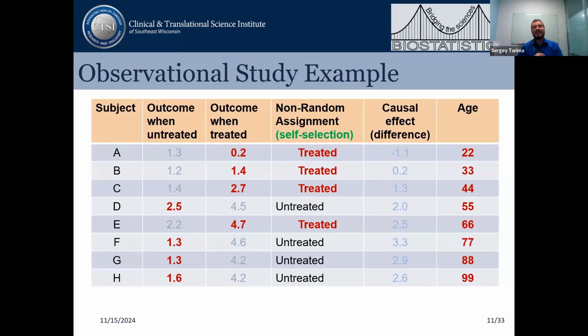That's why in the end we have different distributions of patients between the treated and untreated groups. And certainly if distributions of patients differ in terms of, for example, their age or some other confounding variables, we would expect different responses to treatment, right?